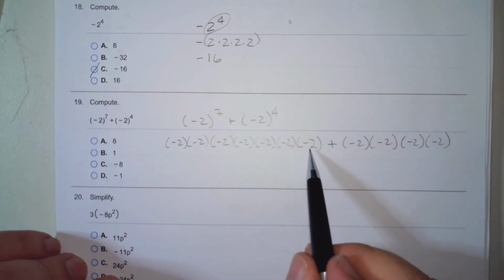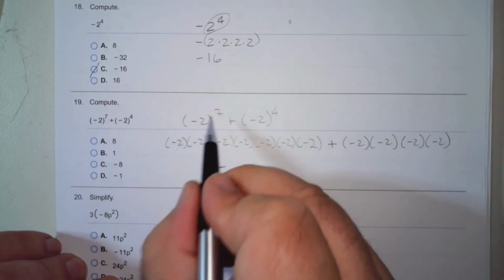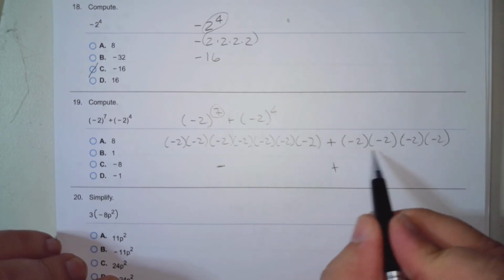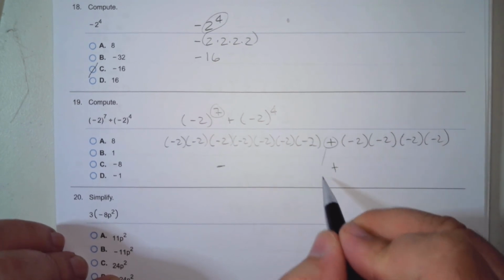Since we have 7 of these negatives here, the answer is going to be negative. This is odd. There's 4 of those, so the answer is going to be positive on this side. And here's the plus sign.